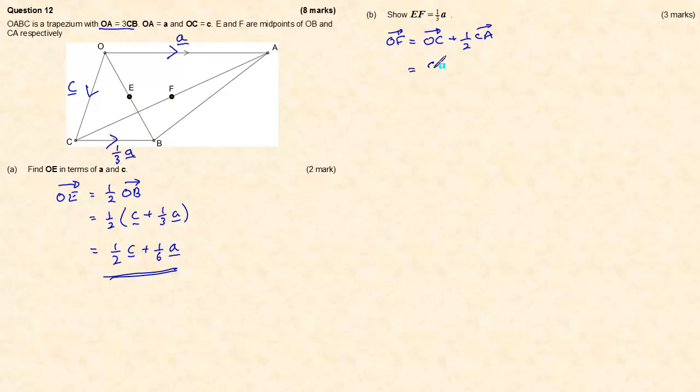Now OC is C. Going from C to A is backwards along C and then forwards along A. So that's going to be C, take away a half of C, add a half of A, so that's going to be a half of C plus a half of A.